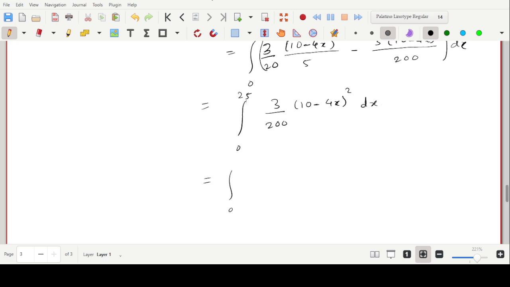So 0 to 25, we can factor out 2 over here, so that gives us 4, 3 over 50, 5 minus 2x the square dx.